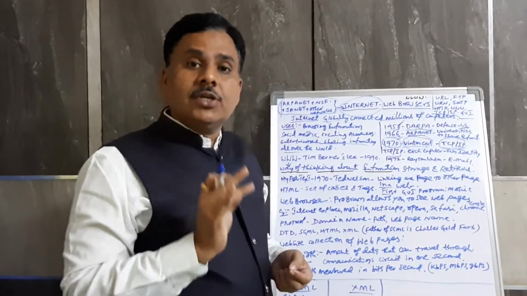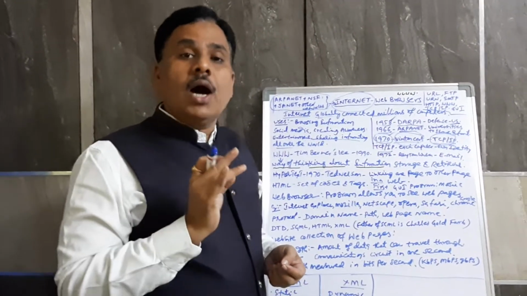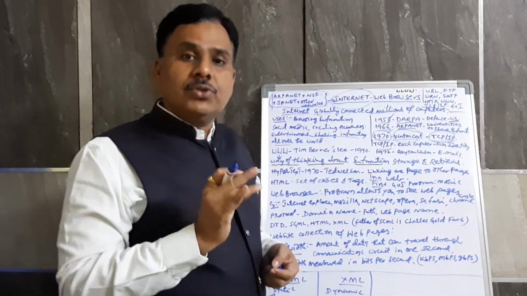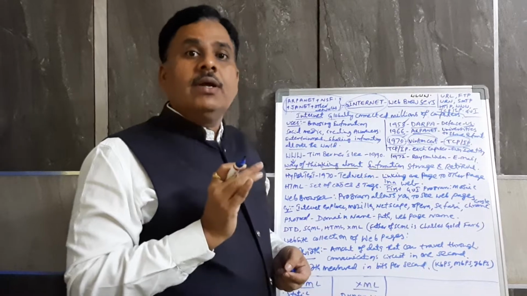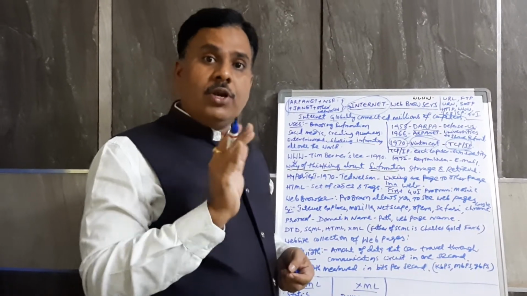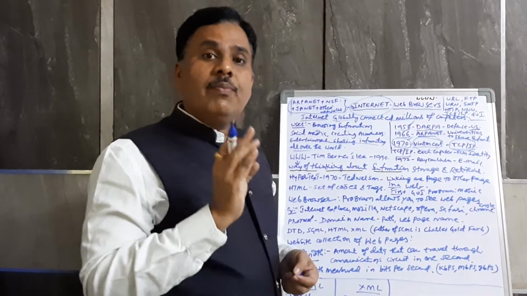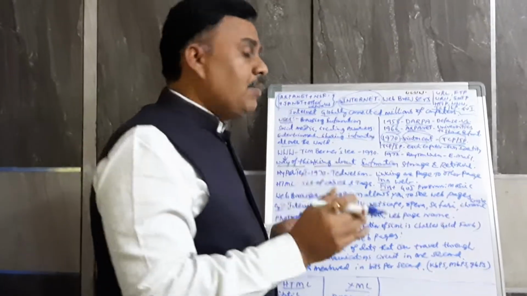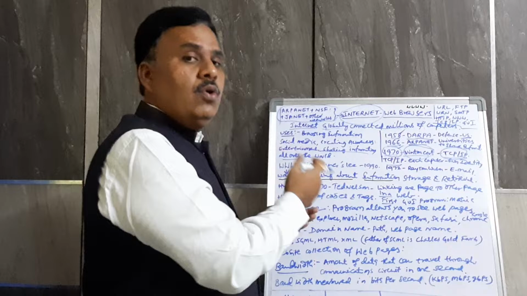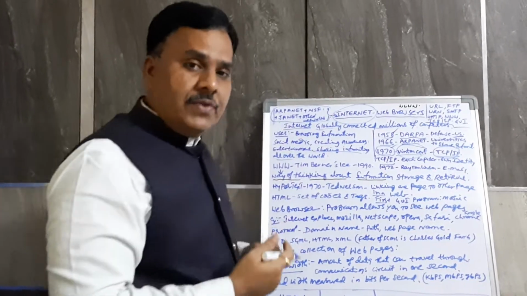TCP/IP, Transmission Control Protocol. URN, Uniform Resource Name. WWW, World Wide Web. WWW, the 4Ws, World Wide Web Wanderer. These are some of the abbreviations we need to know in the process of internet.